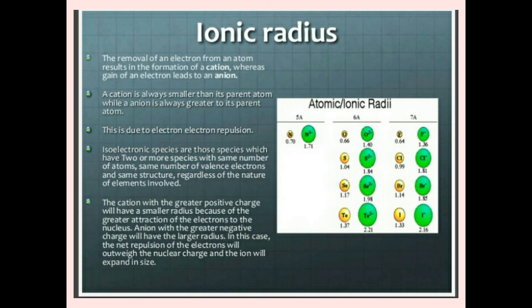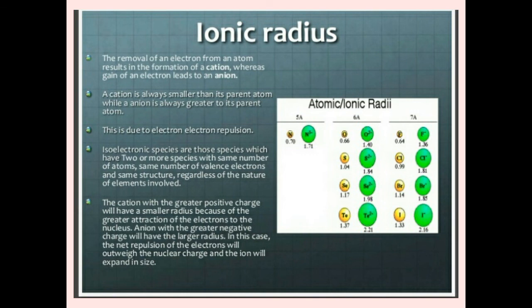Now there is one more thing I want to discuss with you, that is isoelectronic species. In chapter 2 also we studied that isoelectronic species are species having the same number of electrons. Clear? So why am I telling you about isoelectronic species here?